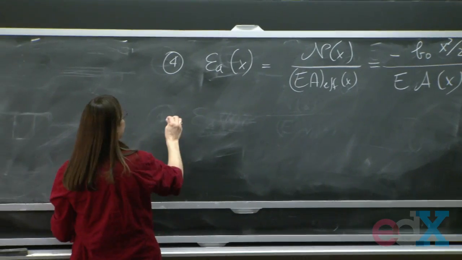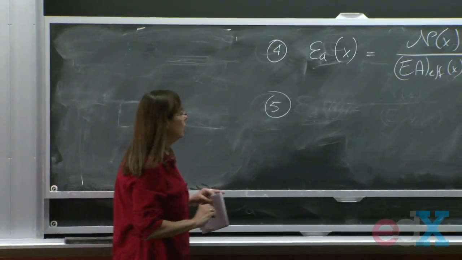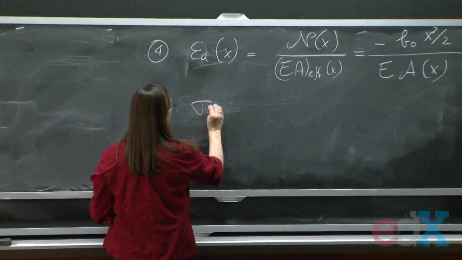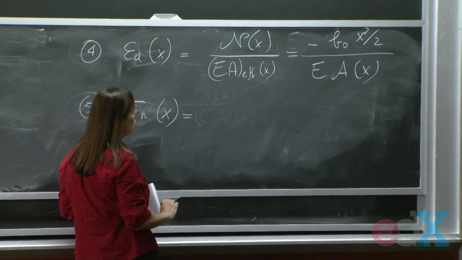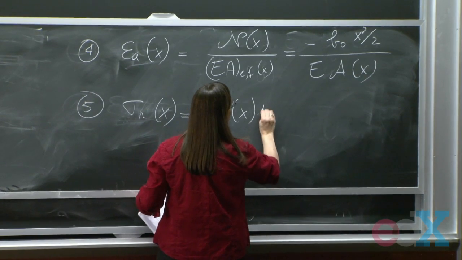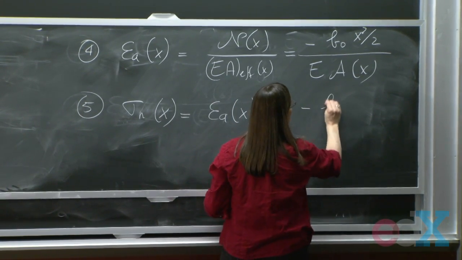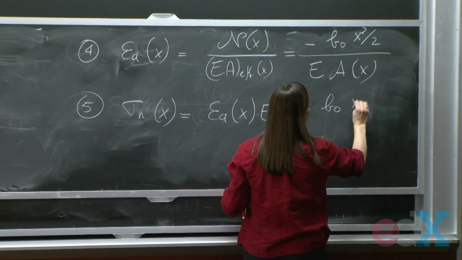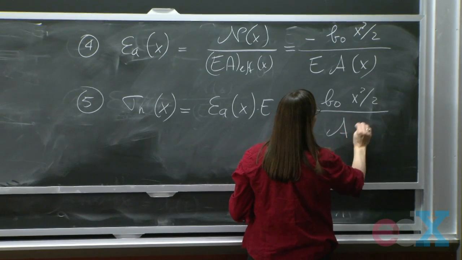I keep going like a train. I can't be stopped, like the Energizer Bunny. Sigma n of x is equal to epsilon A of x times E. I multiply that by E, and I get minus B0 x squared over 2 divided by A of x.